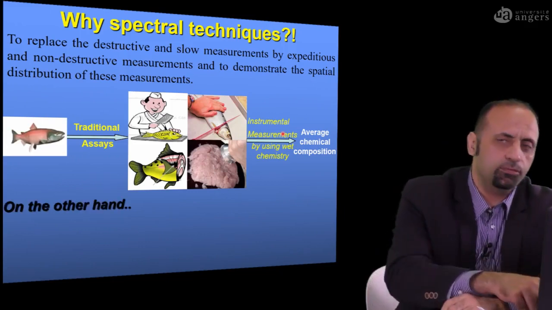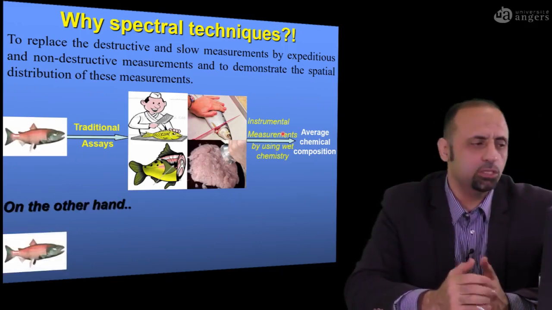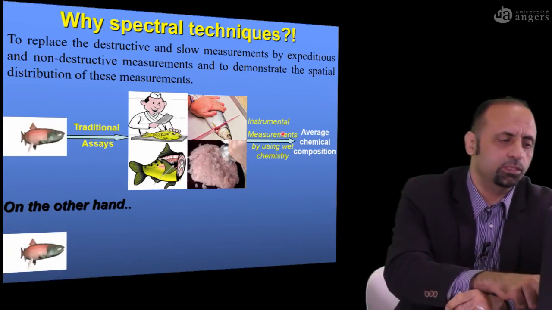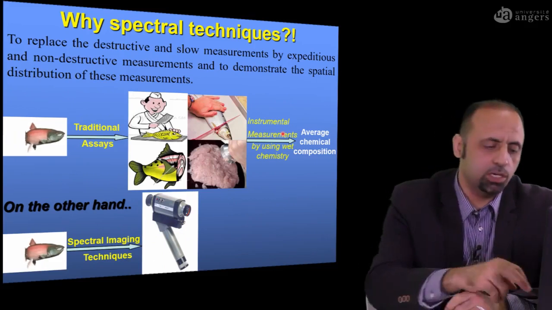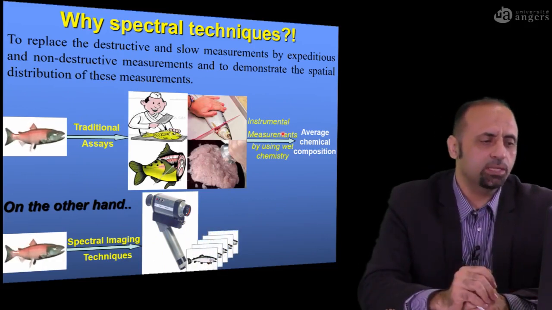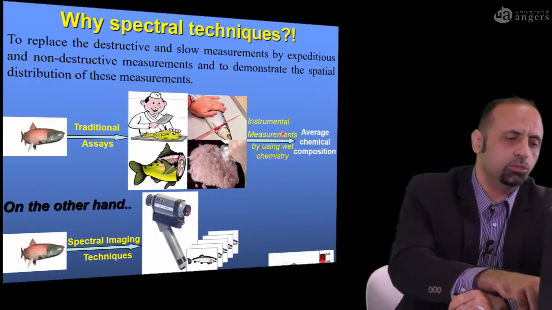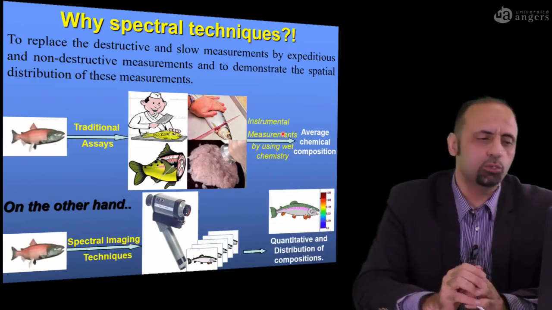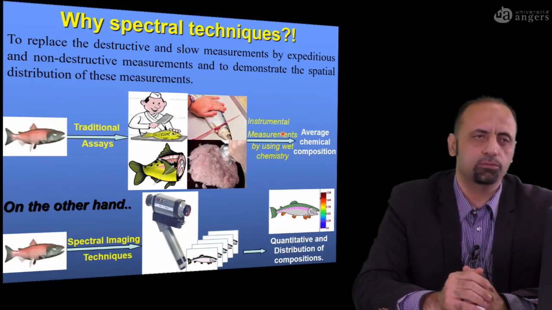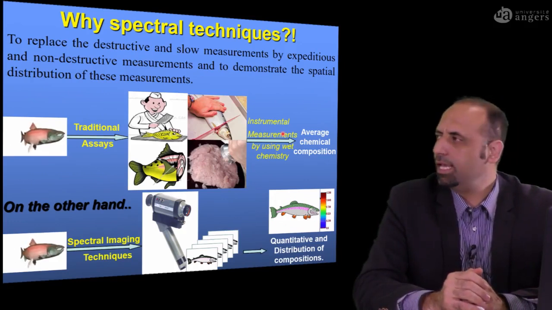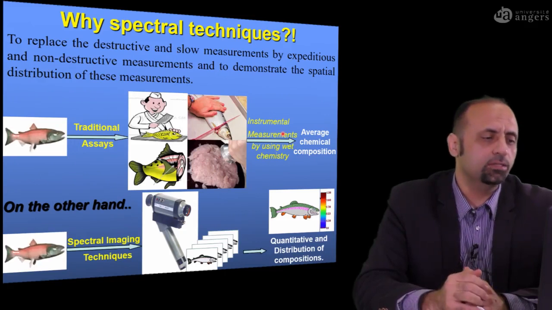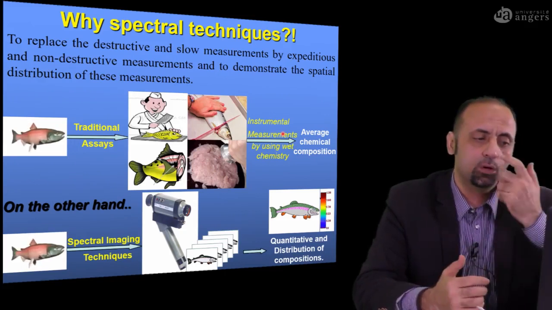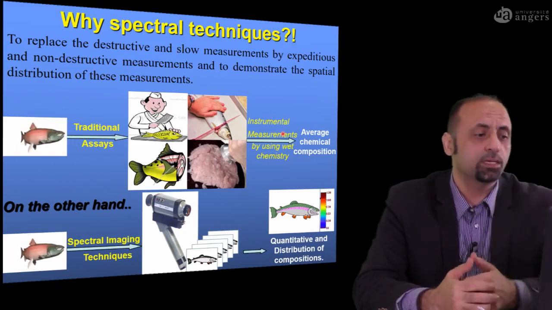On the other hand, if you implement spectral imaging, you have the same piece of food, and with a remote imaging system like spectral imaging, you can acquire one image, and from this one image you are not going to obtain the overall average for the whole sample, but you can obtain the value of chemical composition for each single spot in your sample, and then finally you can find a very nice distribution of any chemical composition of the sample.